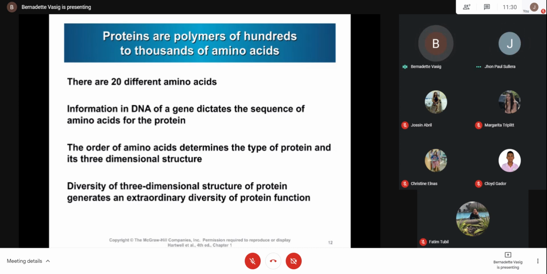Okay. And then diversity of three-dimensional structured protein generates an extraordinary diversity of protein function. That's why different genes can produce a wide array of proteins. And then proteins can also be very specific. Plus alternative splicing on top of that, it can produce a wide variety of proteins.